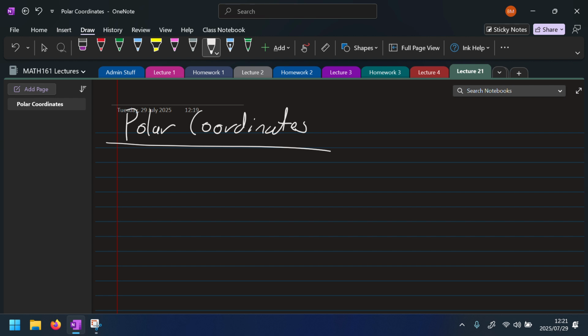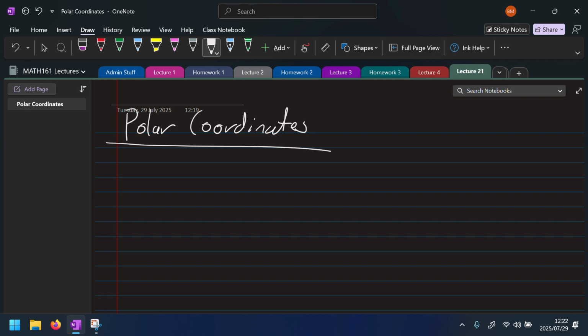Next year, you'll be looking at other coordinate systems, and when you do your double and triple integrals, you'll be doing that over other types of coordinate systems. So double integrals over Cartesian, double integrals over polar, and so on. So it's very important that you understand these coordinate systems and how they work.